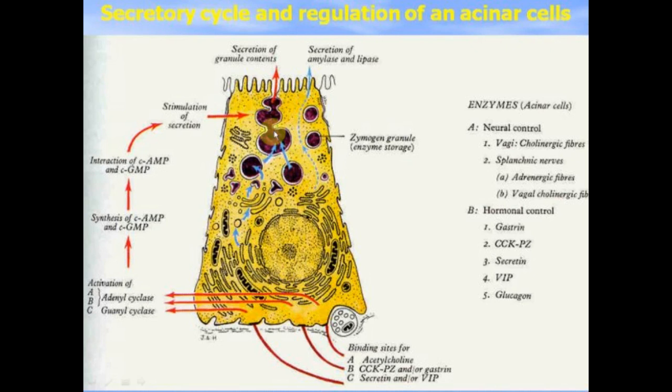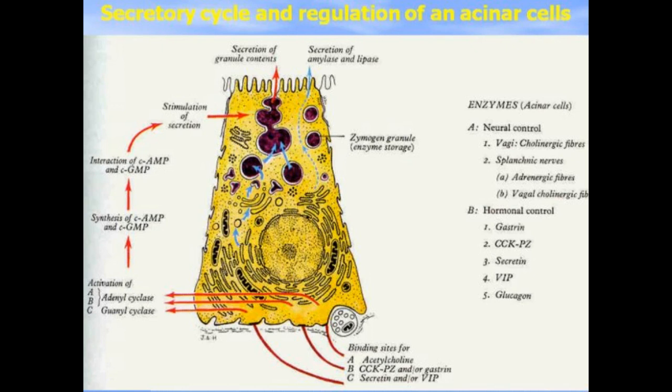It produces precursors of the main digestive enzymes: trypsin to digest proteins to amino acids, lipase which digests lipids to glycerol and fatty acids, and amylase, which digests carbohydrates to monosugars.